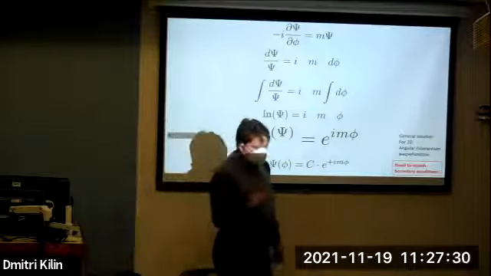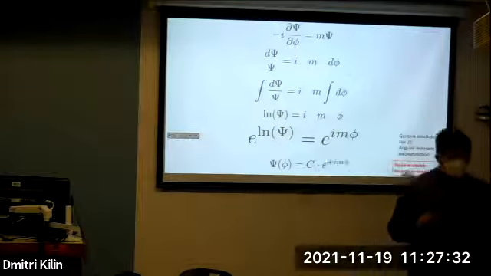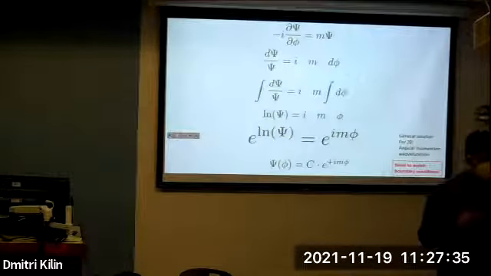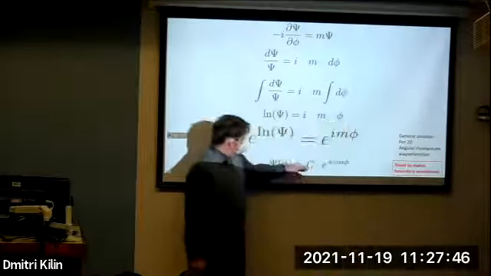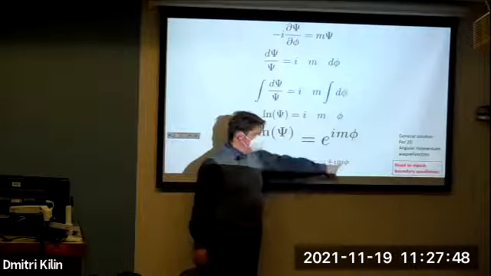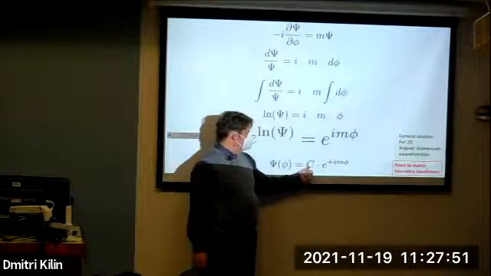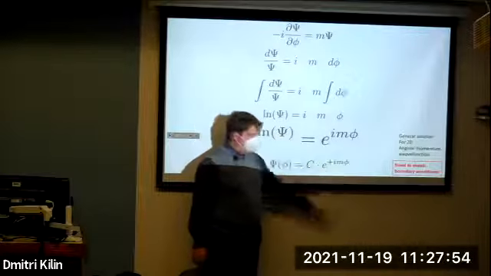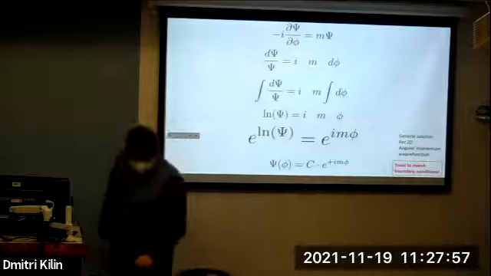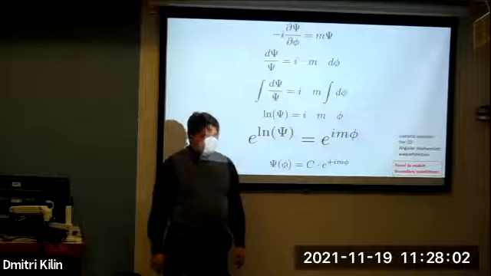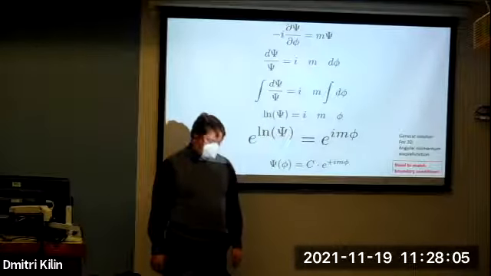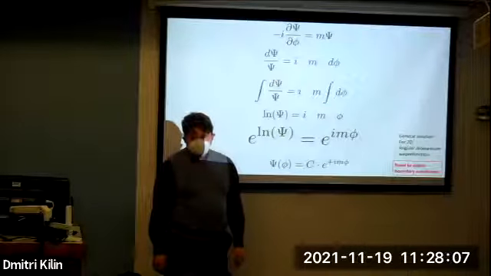So particular solution is obtained by matching. Well, normalization is always needed, but in addition, one needs to match either initial condition or boundary condition, right? So here we have two unknowns. We have functional form, but we do not know C and we do not know M. So to find C, we will do normalization. To find M, we will use boundary conditions. And the concept of boundary conditions for the rotational motion is not very complicated, but a little away from common sense.